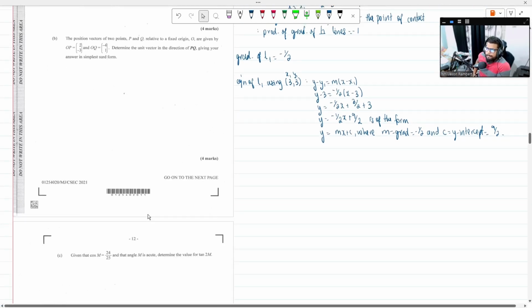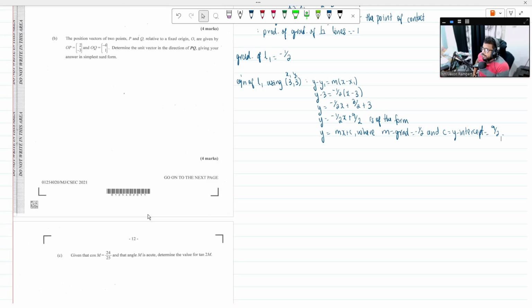Part B. The position vectors of 2 points P and Q relative to a fixed origin O are given by that. Determine the unit vector in the direction of PQ, giving your answer in its simplest form. Alright, so I'm going to do my working here. Utilize the space as much as you can.